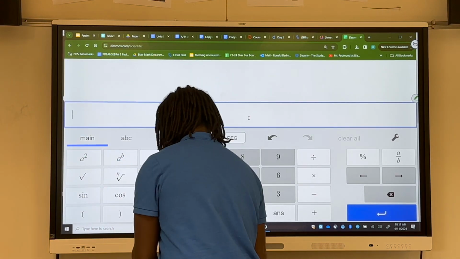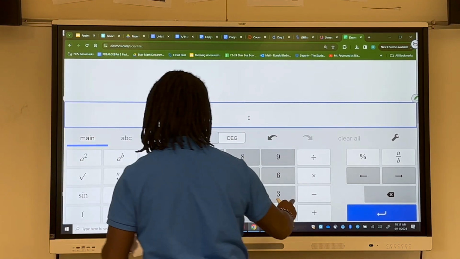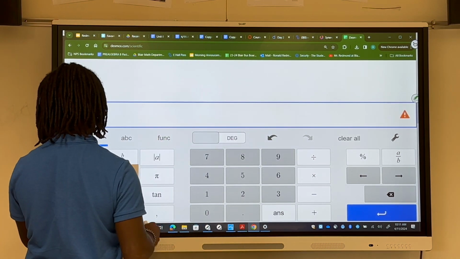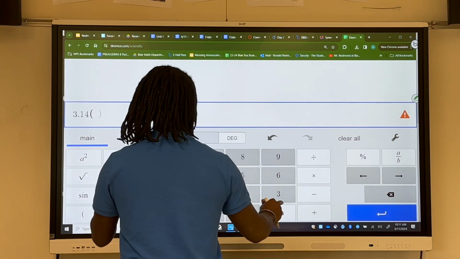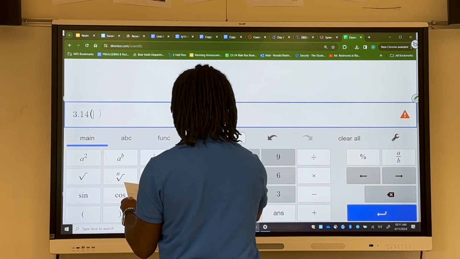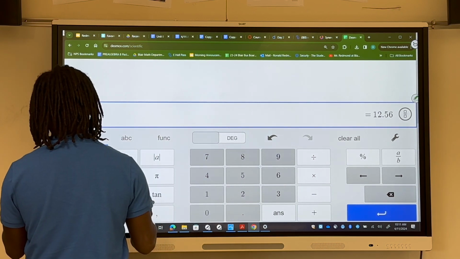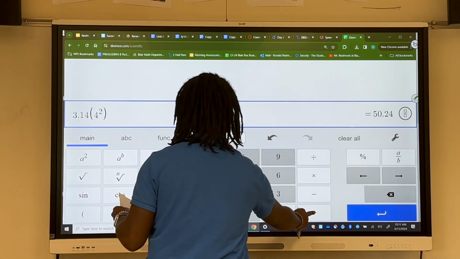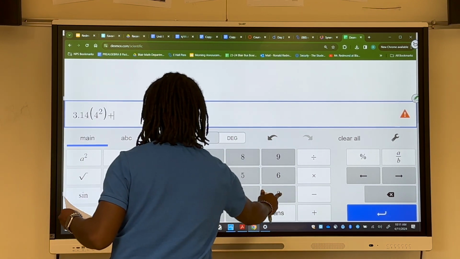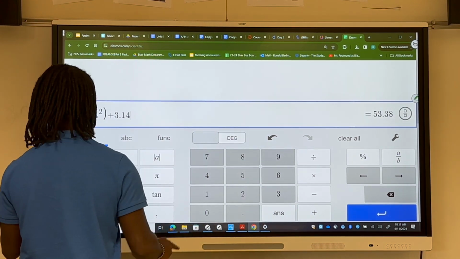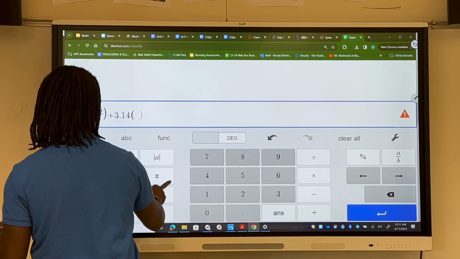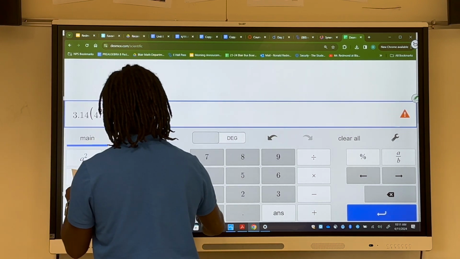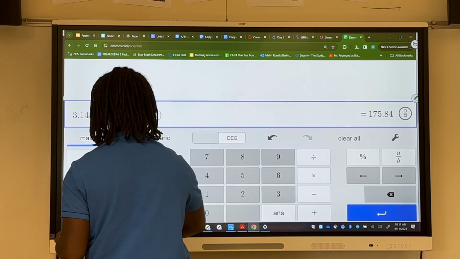All right. And so, again, I have 3.14 times 4 squared plus 3.14 times 4 times 10, the slant height.